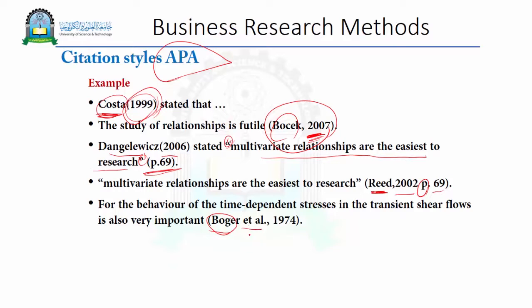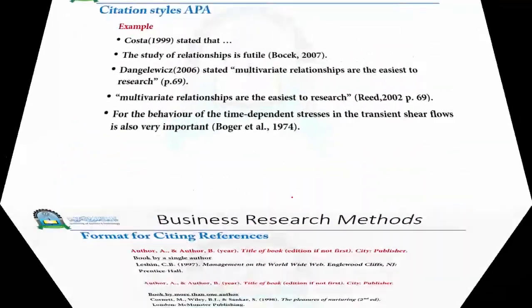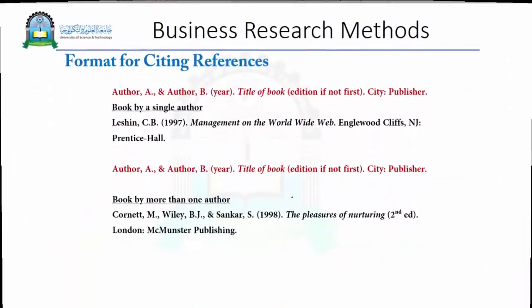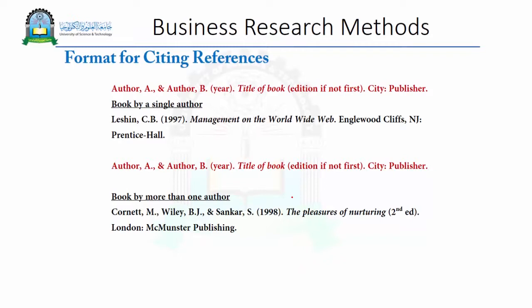But when you mention it at the beginning for the first time, you need to mention the family names of all the authors. Mention it once, and then whenever it occurs or you refer to the same work, you just write the family name of the first one and then et al., which means the others. The format, these are some examples for citing references.